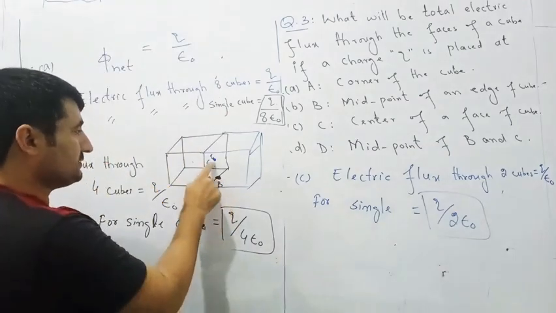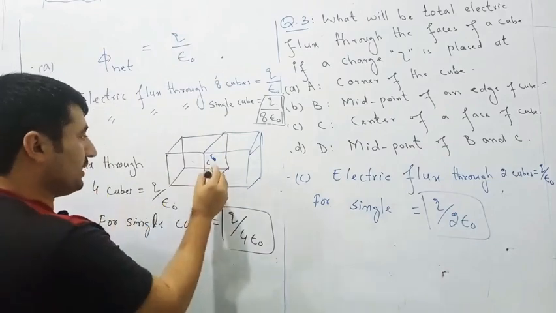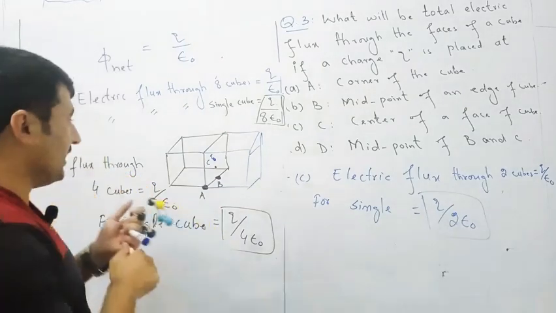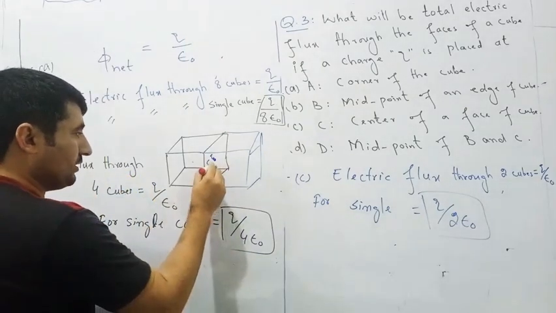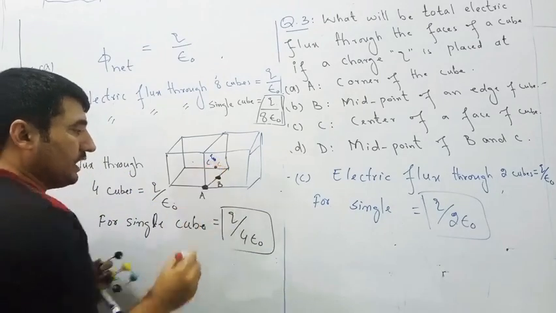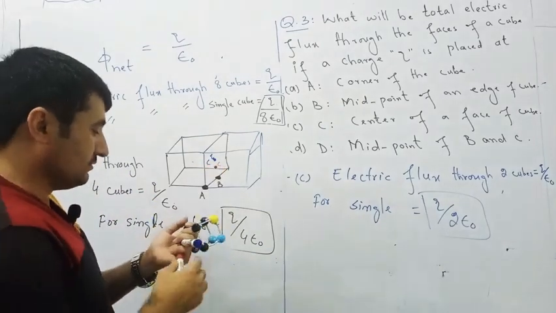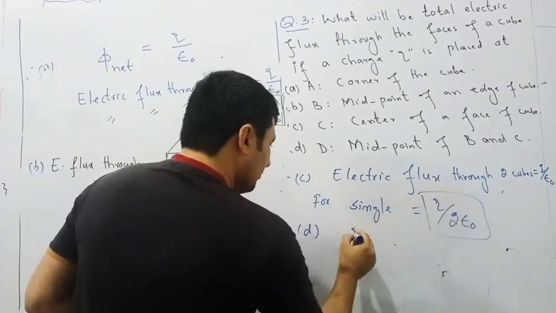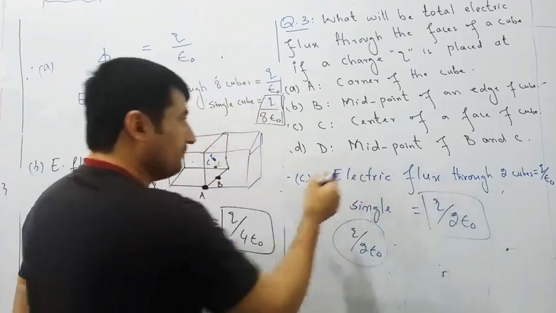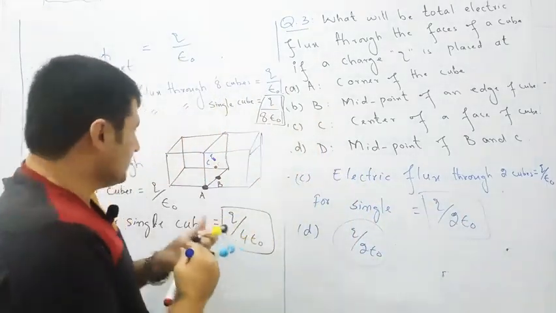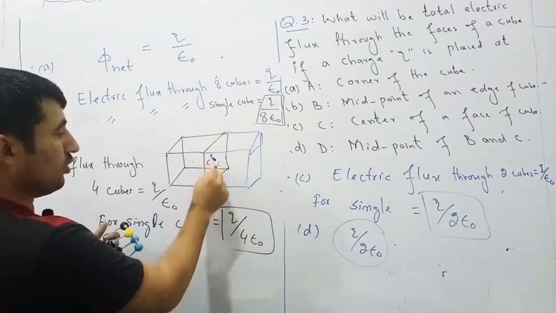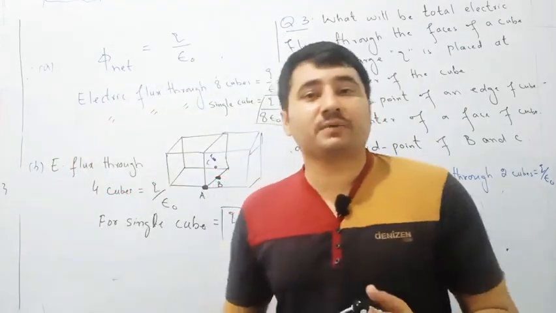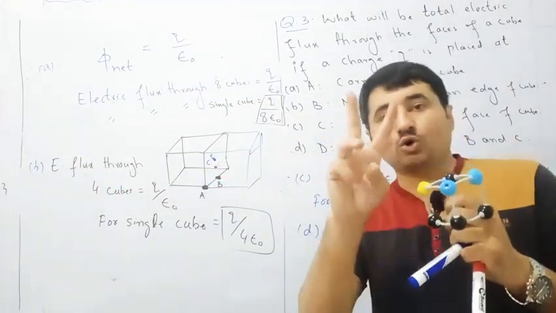This is B, this is C. If you put the charge here at the midpoint between B and C, then again for option D the correct option would be Q by 2 epsilon naught, the same as part C, because if you change the position of the charge body, the flux does not change. Again it is enclosed by the two cubes.